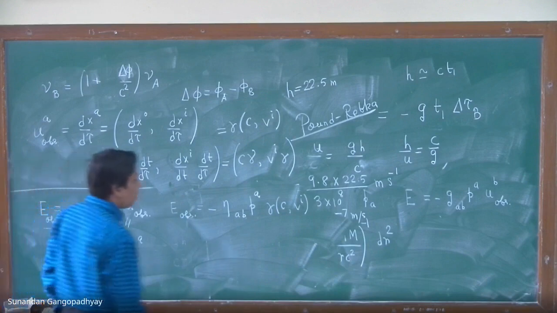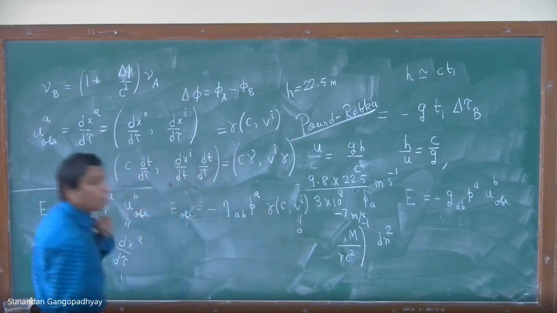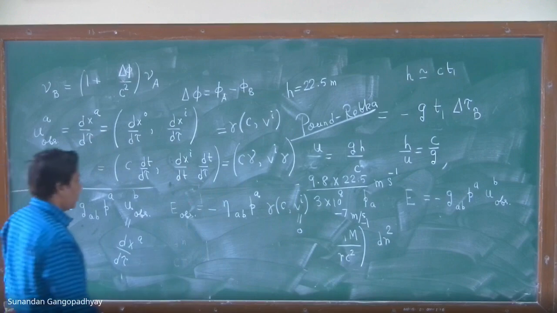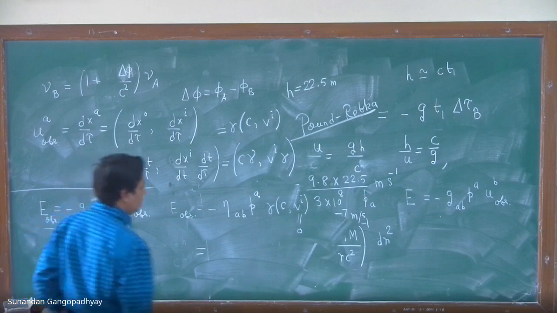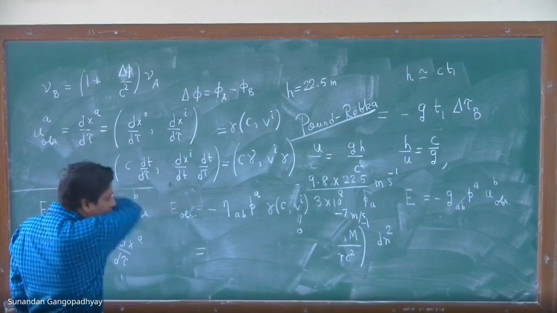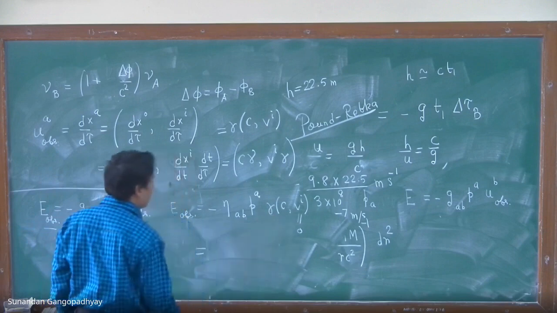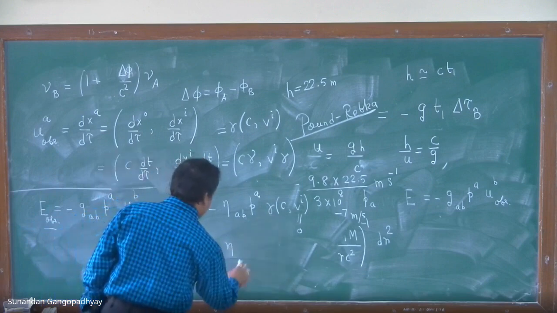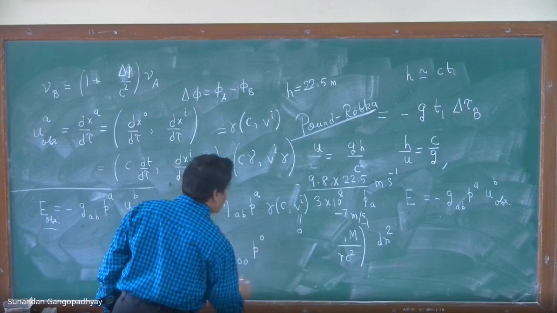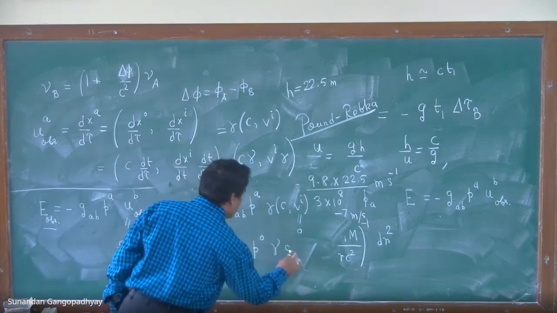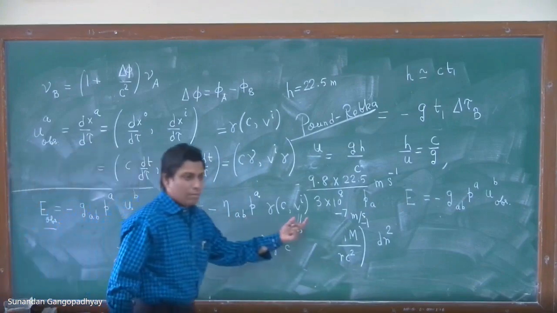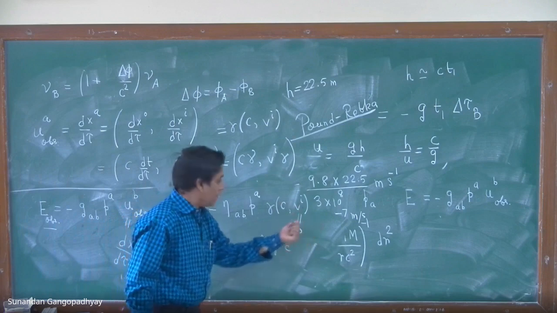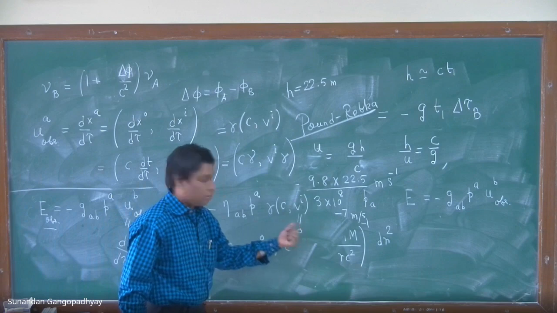Now I assume that this observer is at rest. Therefore, the velocity has only the 0 component. So this is nothing but the 0 0 component times p^0, and for the 0 component you have a gamma and a c. Right? The spatial components are 0, so it is only the time component.